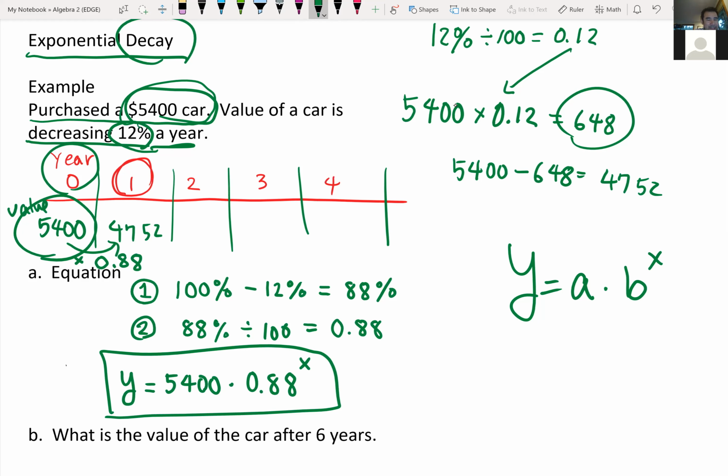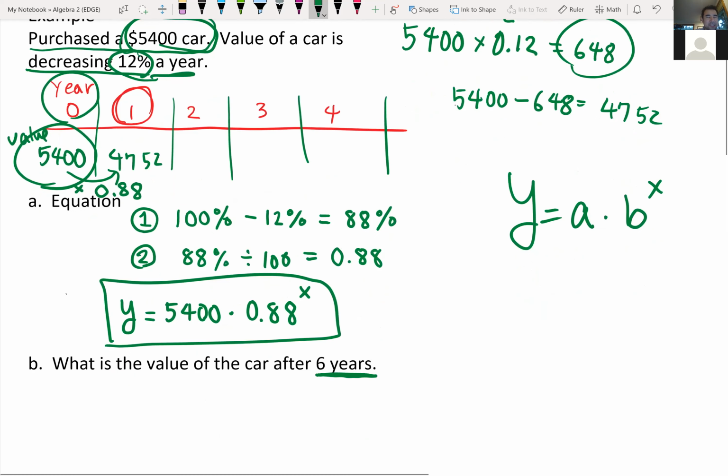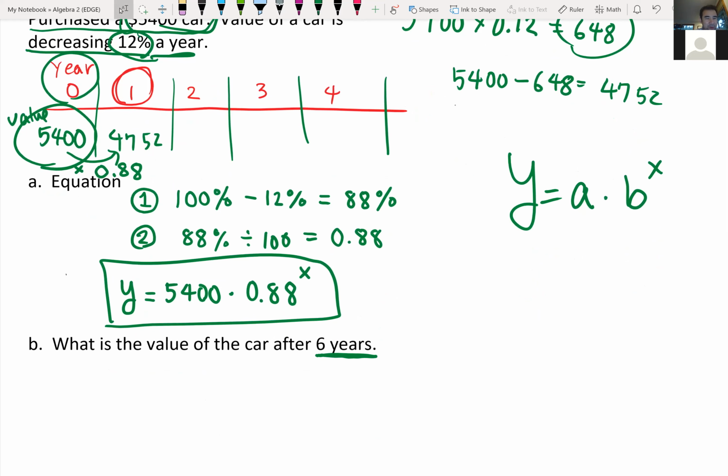And now, let's say after driving for 6 years, you decided to sell. So how much is the car worth? Let's figure out. y equals 5,400 times 0.88 to the 6 power. Can all of you take out your calculator? And let's figure out the worth of the car after 6 years. How much would that be?